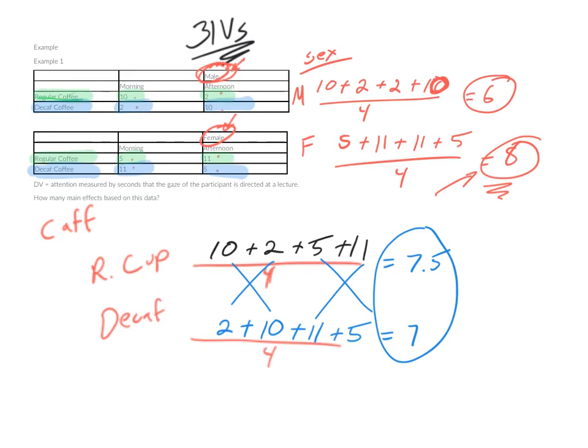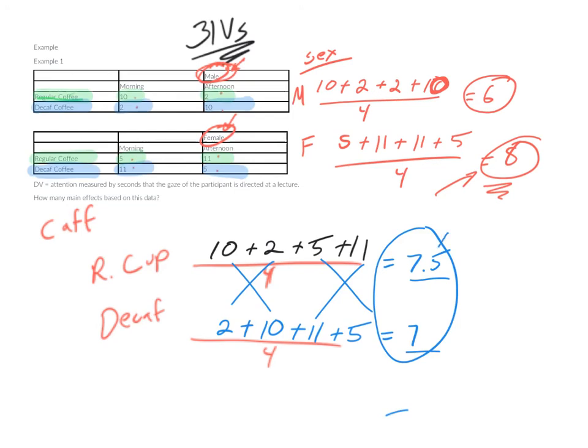But yes, if we're outside of this class and we're talking about different types of measurements, you take into account how big the difference is. So for example, if this was years, right, 7.5 years versus 7 years, then we'd want to think about, is that a big difference?